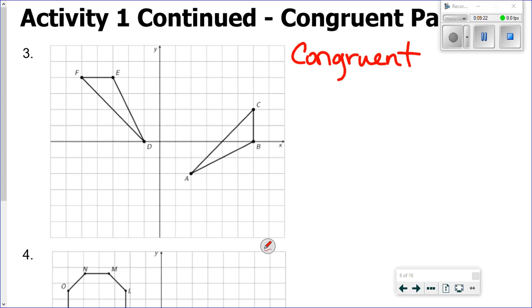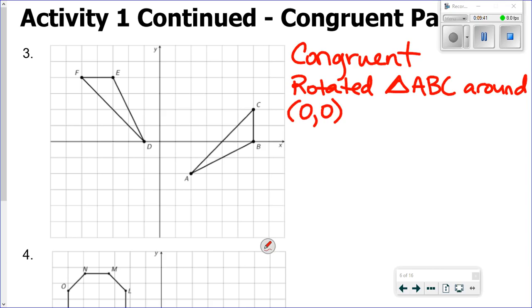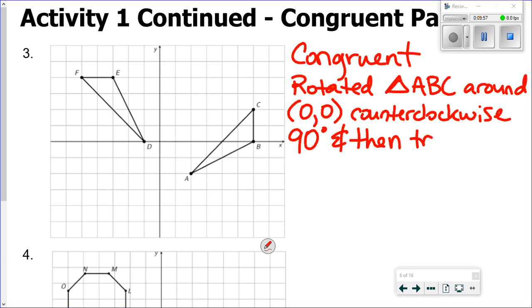A sample response might be that you could have rotated triangle ABC around the origin counterclockwise 90 degrees, and then translated the figure 2 units down, and 3 units left.